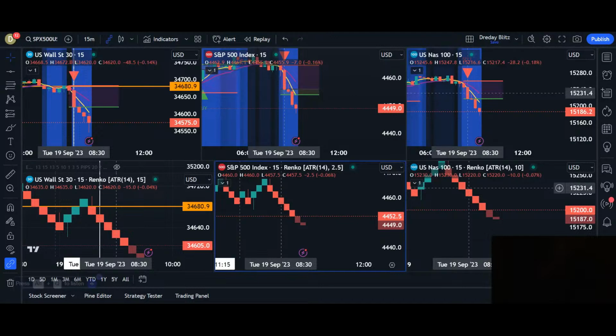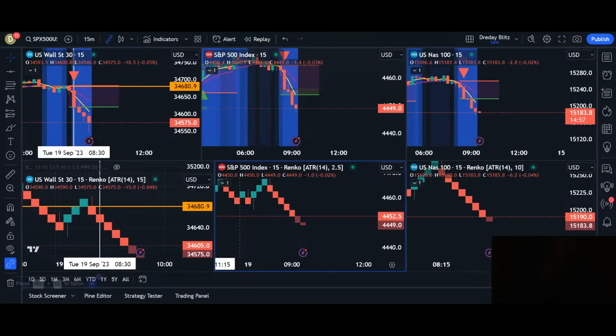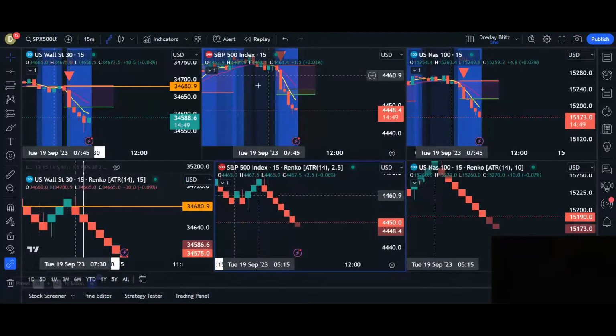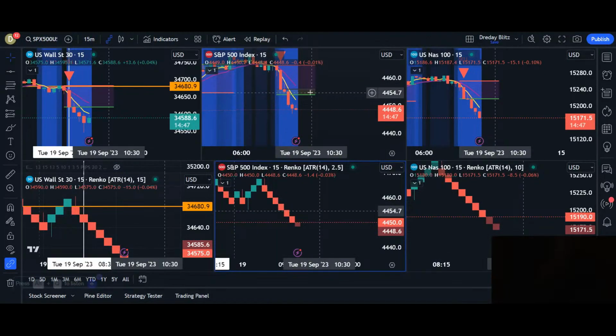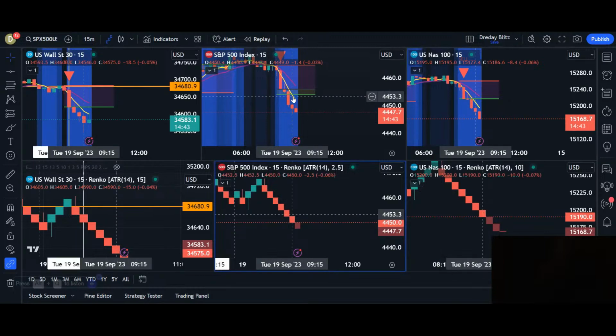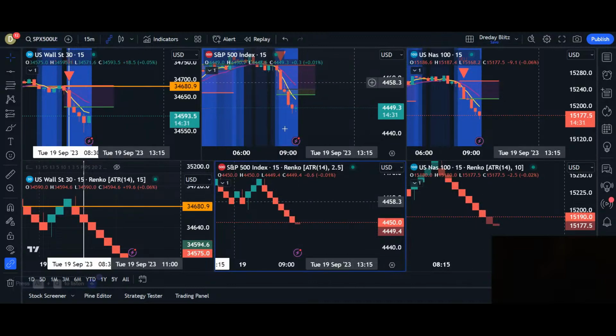So it's 9:30 Eastern Standard Time as of now. So let's see what the next 15 minutes will give us. So usually the overall sentiment here is bearish for now, but we'll see if it's gonna reverse.